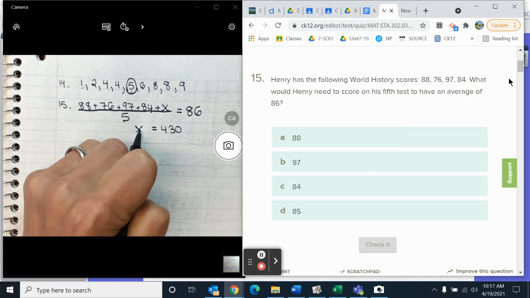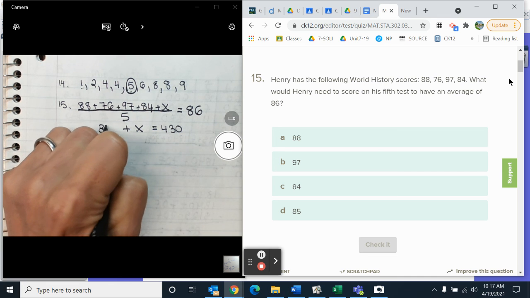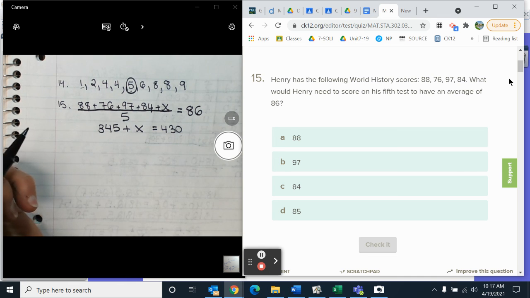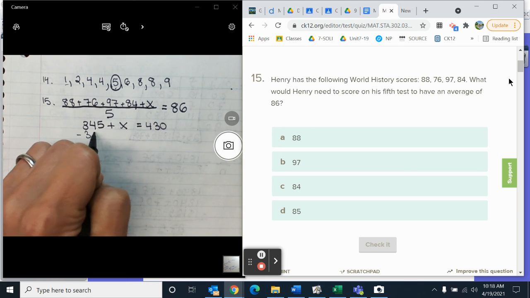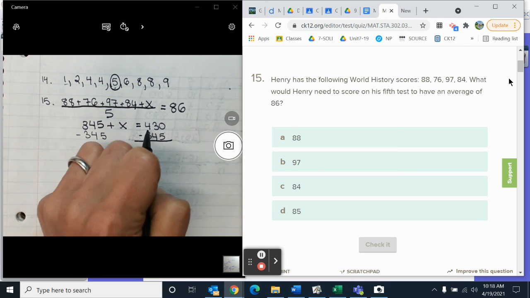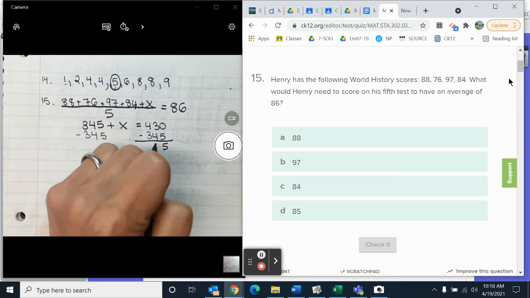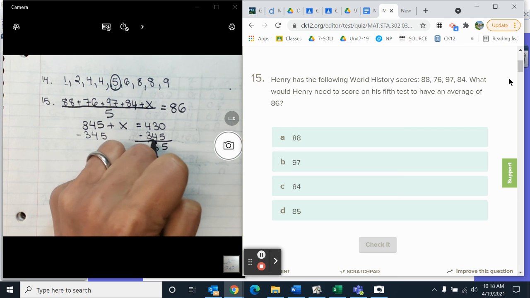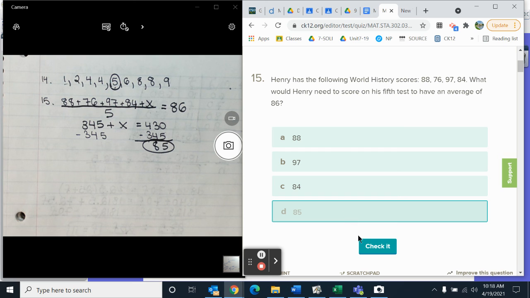And then with this 5th score and all the other scores, we have 88 plus 76 plus 97 plus 84. We get 345. And so the value of the 5th score comes from subtracting. And that will give us a score of 85. So he needs to get a score of 85 to maintain his average of 86.